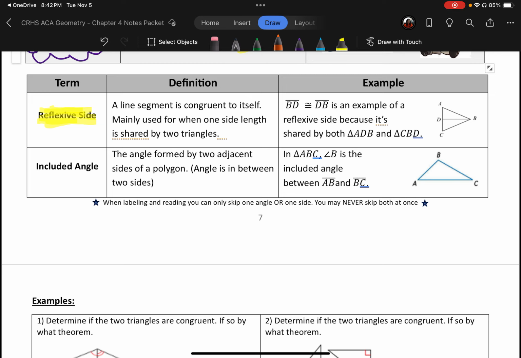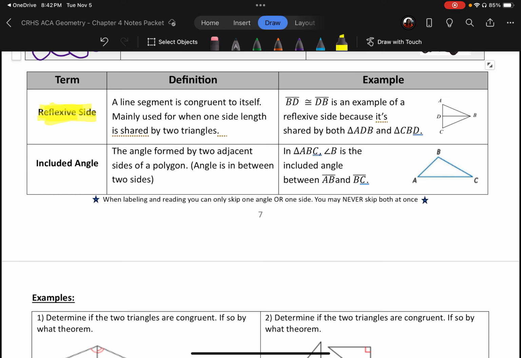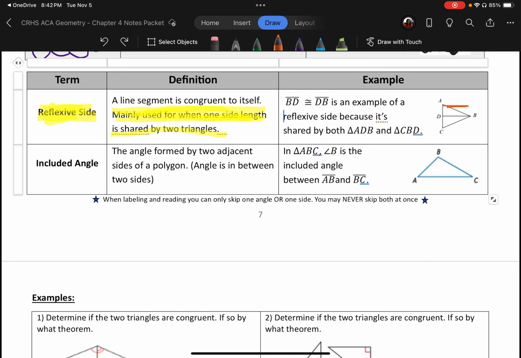Let me explain this in a way that's easy to understand. A reflexive side is mainly used when one side length is shared by two triangles. If I take a look at the picture off to the right, what you should be able to see is that this side length, DB, is shared by both triangles.